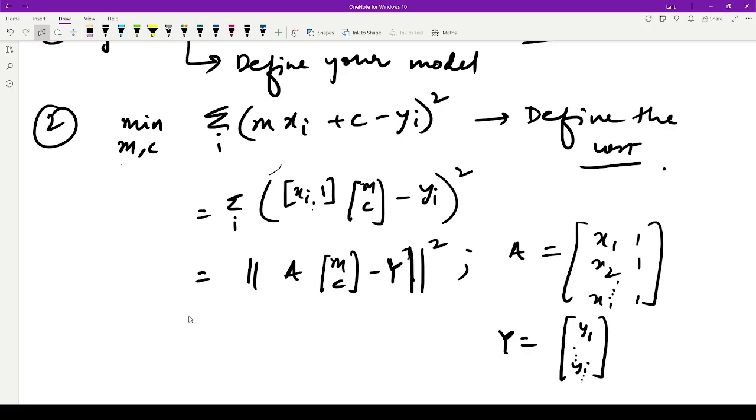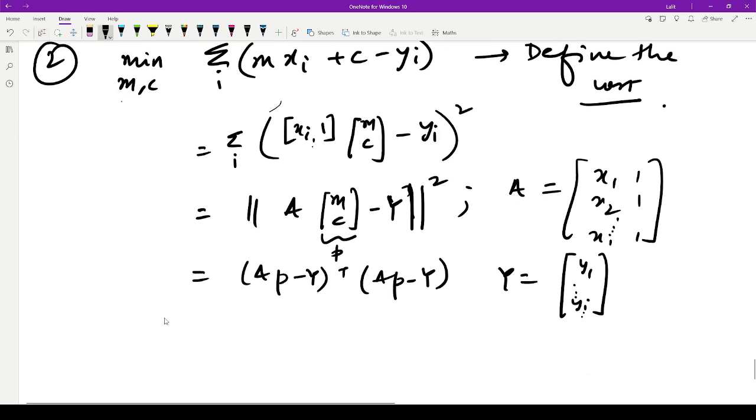Okay, so if you expand it, it will turn out to be what? Let me put this as P. So it is (AP minus Y) transpose (AP minus Y). And let me write this as C. C is the cost function.